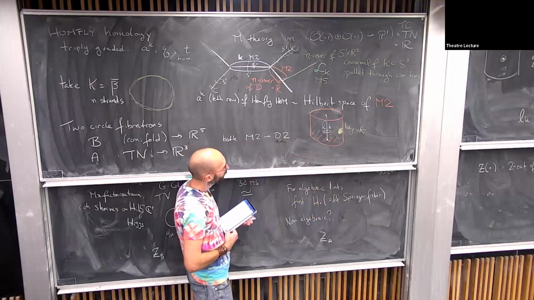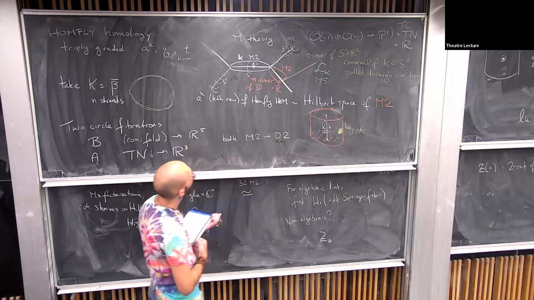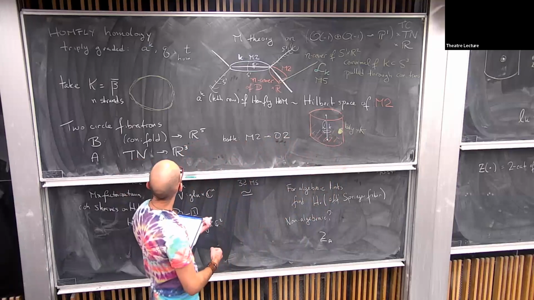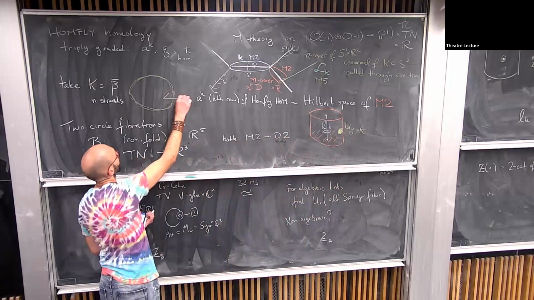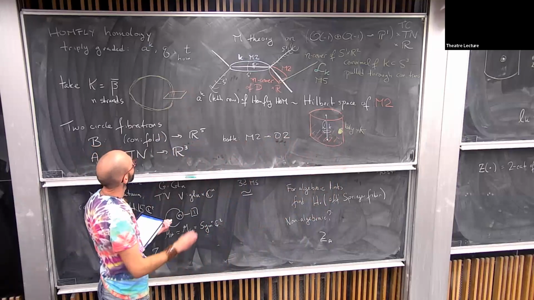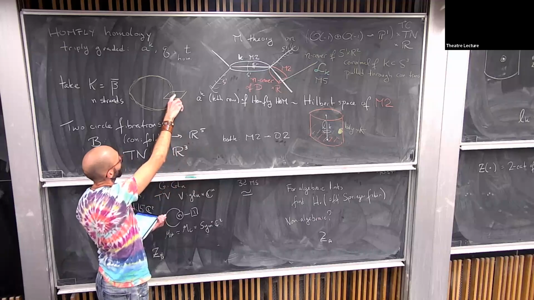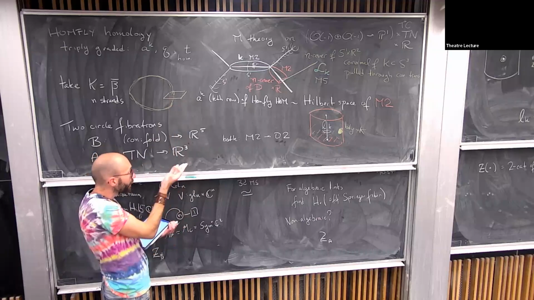And on a tiny patch, the only information we actually have are the positions of the strands of a braid in a little complex plane.